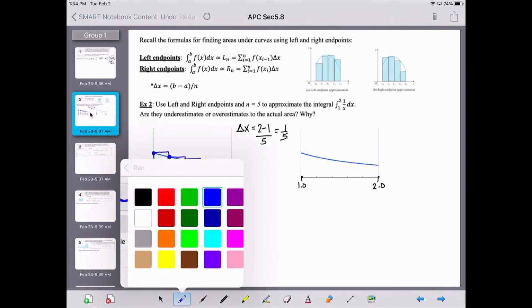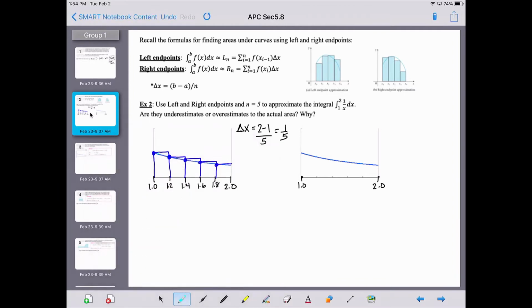And so these would be the areas that we would be calculating. And obviously we can already see that this is going to be an overestimate, right? Because pieces of our rectangles lie above our curve. So we know that our area is going to be a little bit more than it should be.